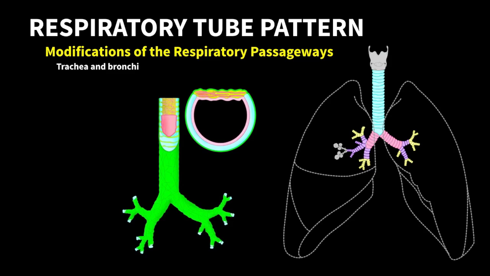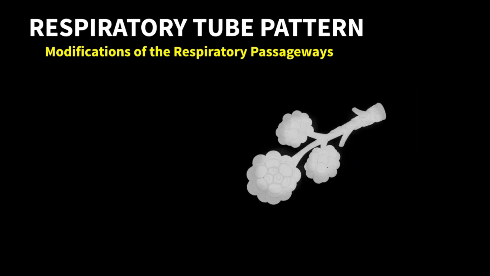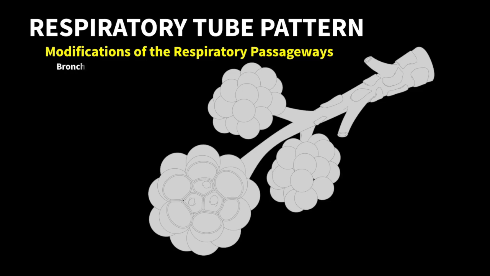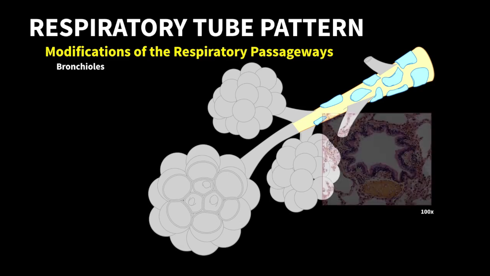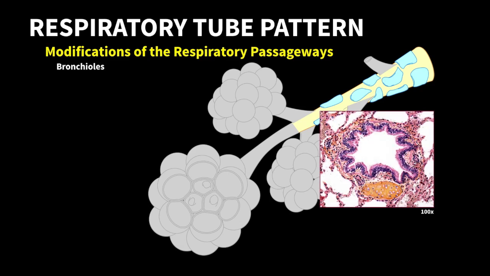The major modifications to the tubular pattern occur as the small bronchial tubes branch from the segmental bronchi. These terminal conducting tubes reduce the thickness of the tubular wall. The epithelium thins. The incomplete cartilage rings break into thin plates of cartilage, and eventually these cartilage plates disappear in the terminal end of the bronchioles.